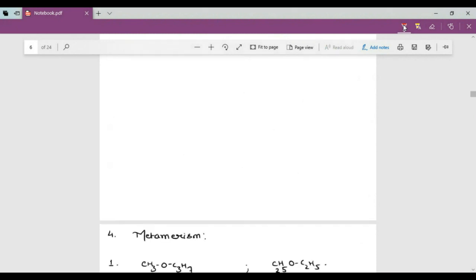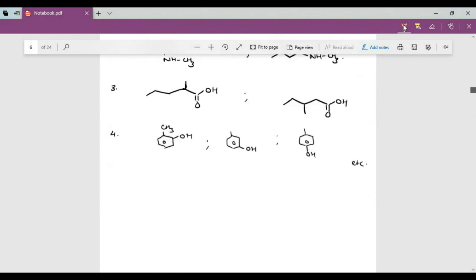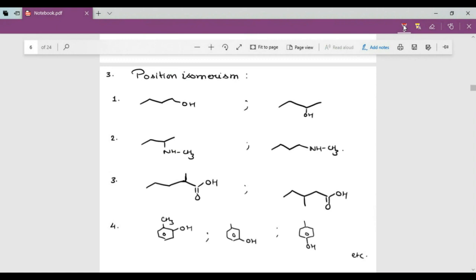Moving to positional isomerism. For positional isomerism, again, our step number 1 is give the IUPAC name. That is why IUPAC nomenclature may not be directly asked, but indirectly it influences your marks and your overall performance. You need to know how to assign the IUPAC name to conclude other parts of chemistry.